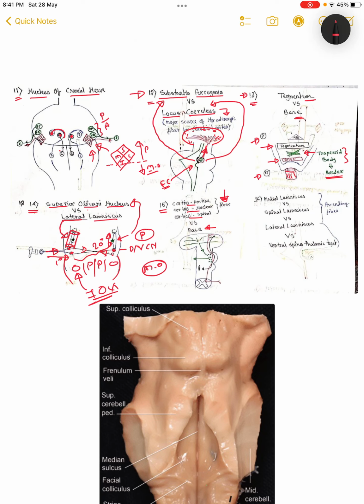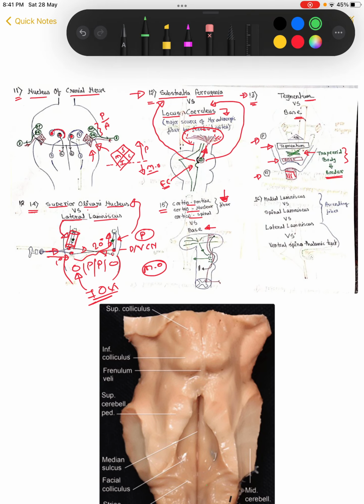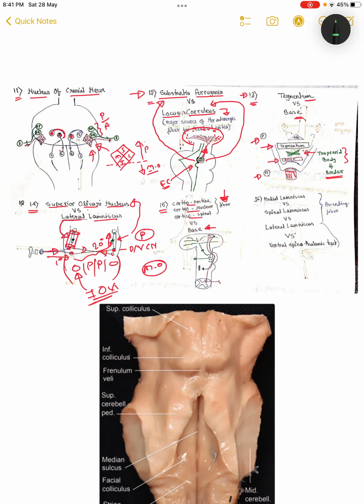Let's say these all fibers will cross the base. Let's say this red fiber is originating from the cortex, then it's coming downward, crossing the base of midbrain, crossing the base of pons, then it is coming to the spinal cord level, then the lower motor neuron, boom.